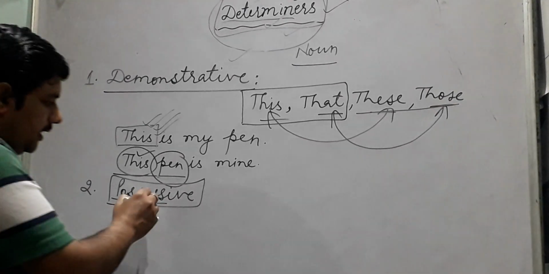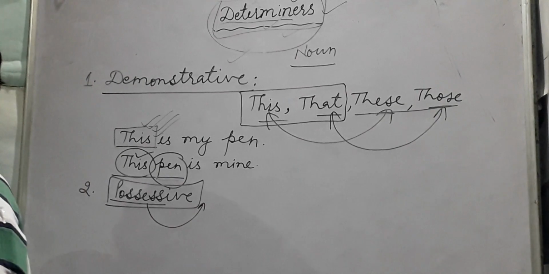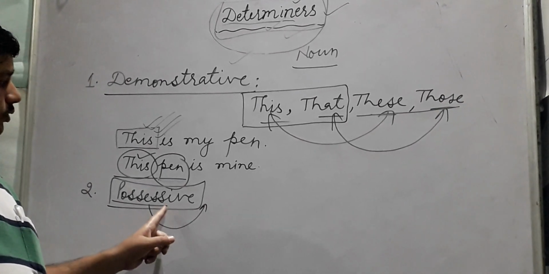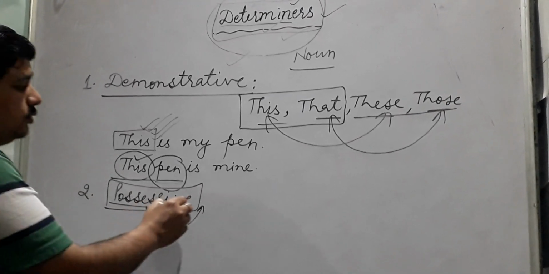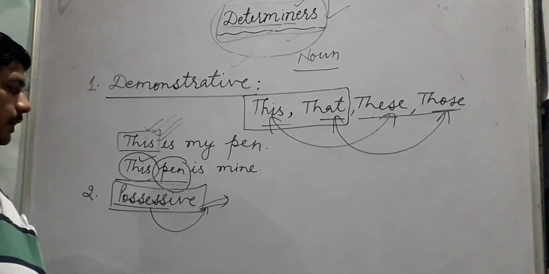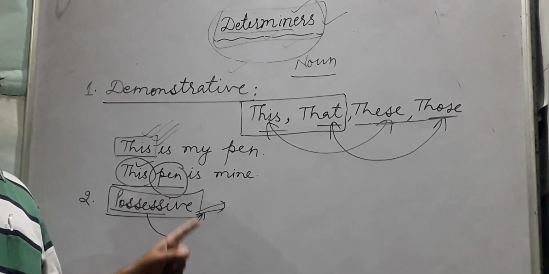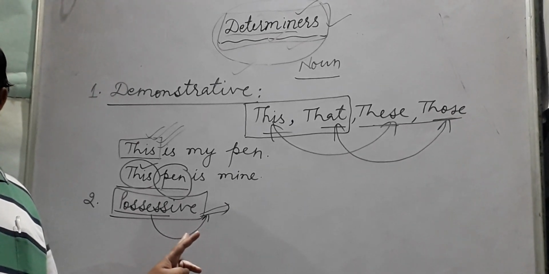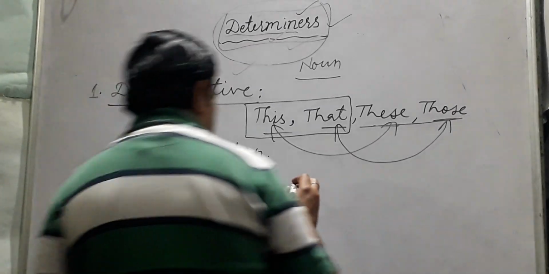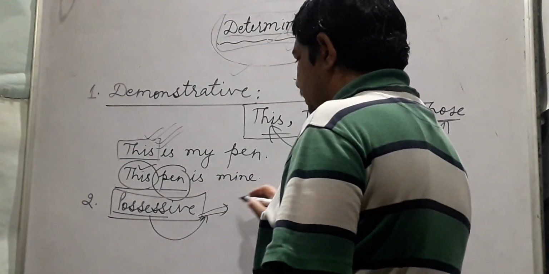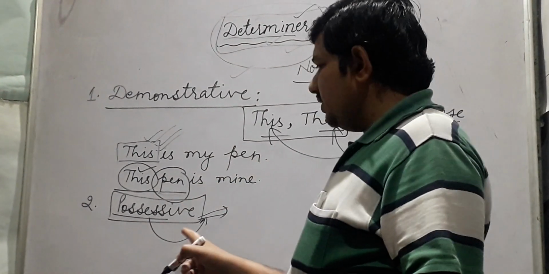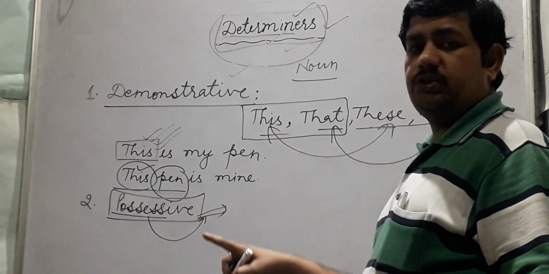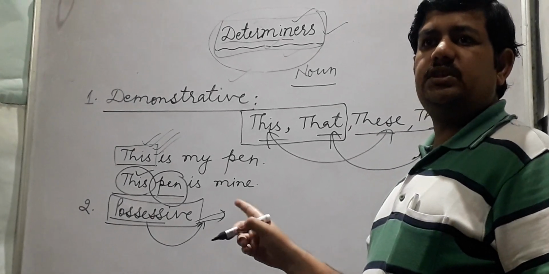There are certain words that explain this kind of ownership or belongingness. Possessives also have two types, possessive determiners and possessive pronouns. You will find it very interesting. When these words are used before a noun, these are possessive determiners, and when these are not used with nouns, these are possessive pronouns.